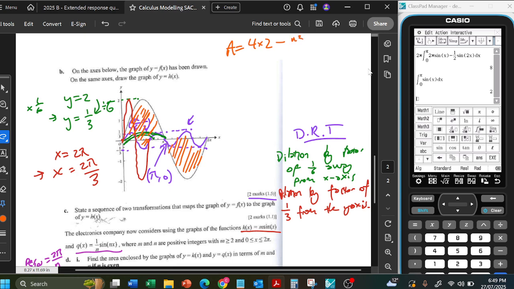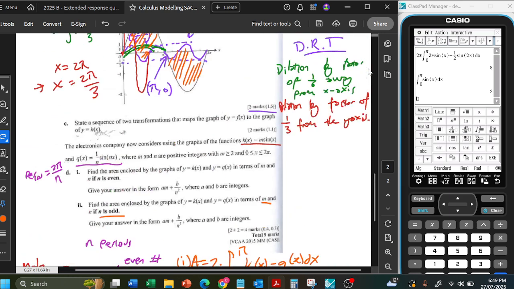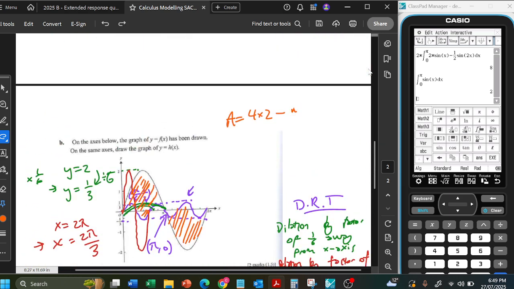So if we wanted to illustrate this with the example, it should be 4 over 3 squared. So hypothetically, the area for this question should be 4 times 2 minus 4 over 3 squared, so 68 over 9 should be the integral for this question, part B.